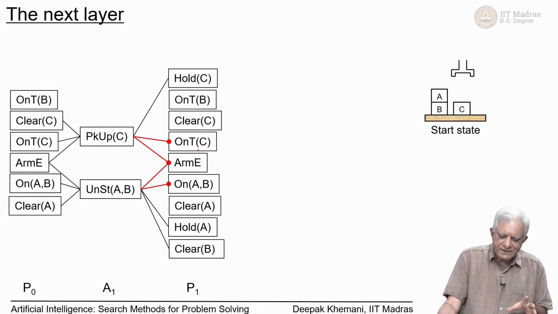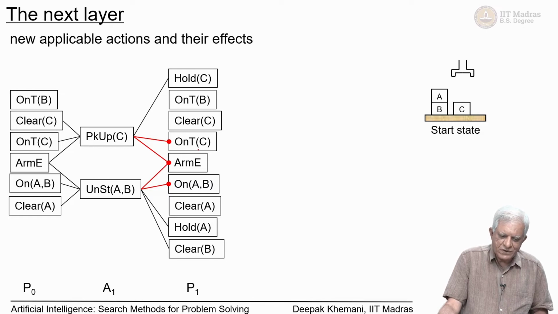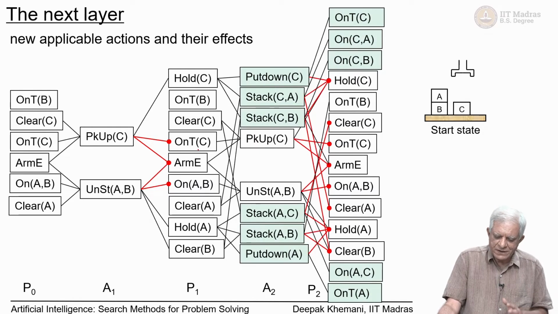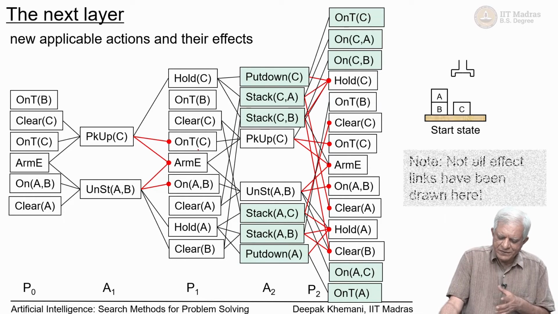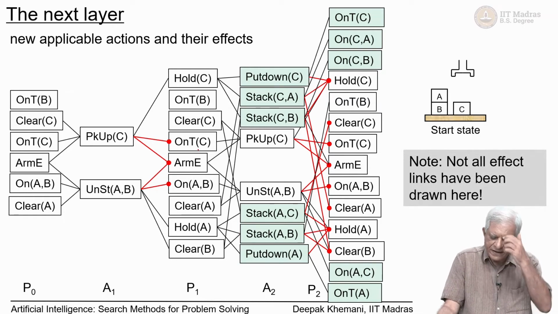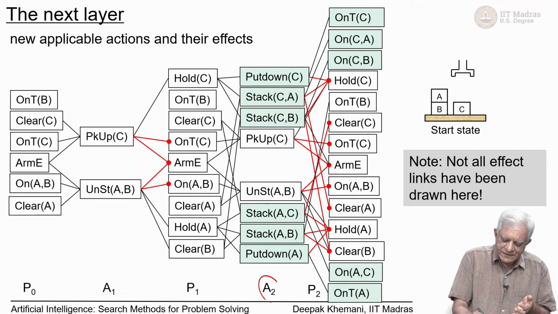In practice, apart from the carry forwards from no-ops, there would be other actions also, new applications, and their effects also have to be incorporated. In this example you can see that in action layer 2, A2, all these actions are possible.